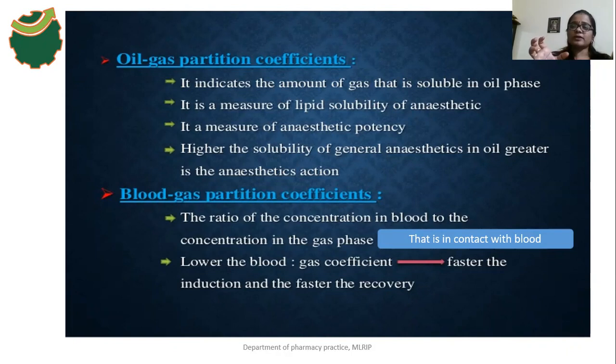If it is soluble in blood, it binds with plasma proteins. If it binds with the plasma proteins, it is unable to distribute in our body, so the time required to enter the lipid tissue is very long. That's why the time required to produce the anesthesia is also very long.